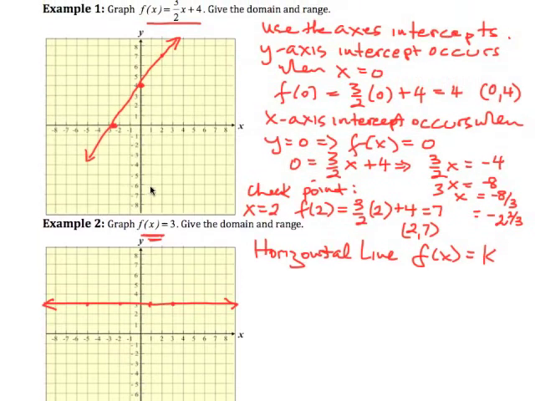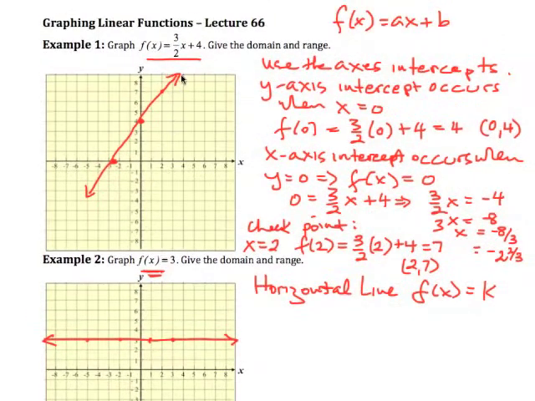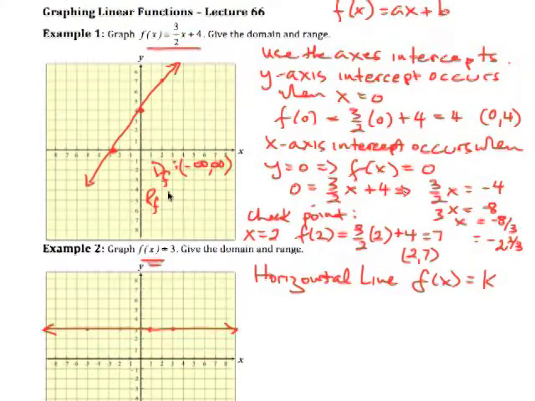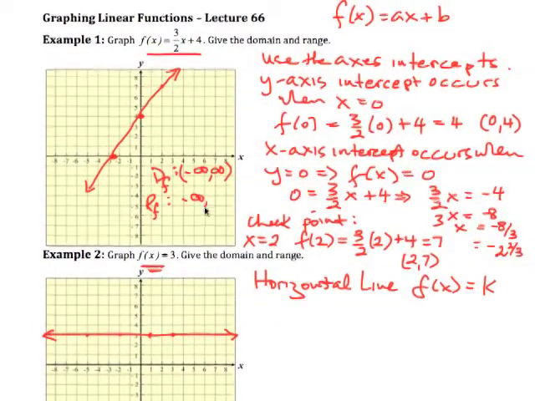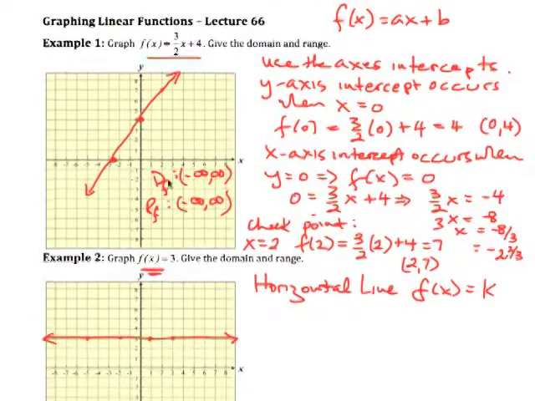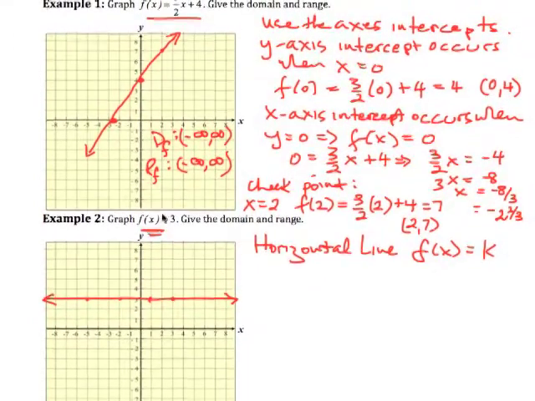Now what about the domains of these? In this case you can see these go up forever, so all the x values and all the y values are being used. So the domain of f here is all real numbers, and the range, of course, is the same, all real numbers. So for a non-vertical line, that's what we have all the time.